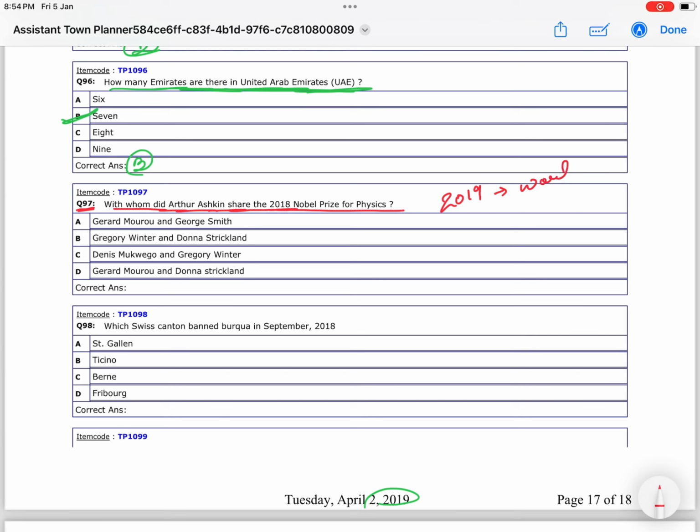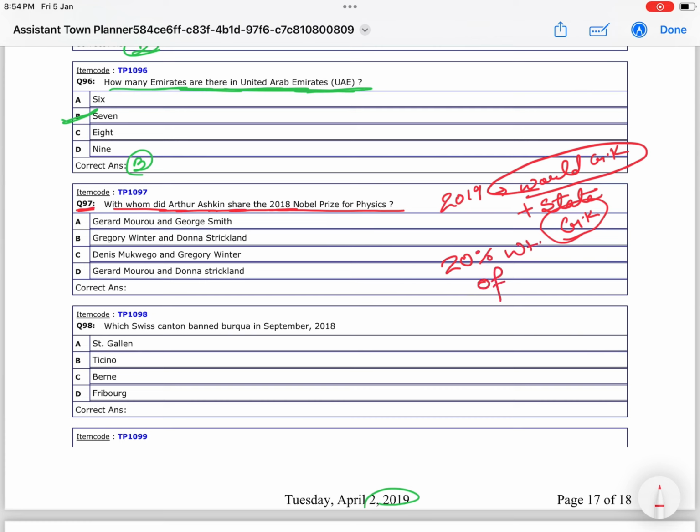So you should remember what all happened, okay, and everything related to world GK, and also the states or that state which the exam you're giving or the competition exam you're giving. You should know that GK as well. It will make approx 20% weightage of that paper.